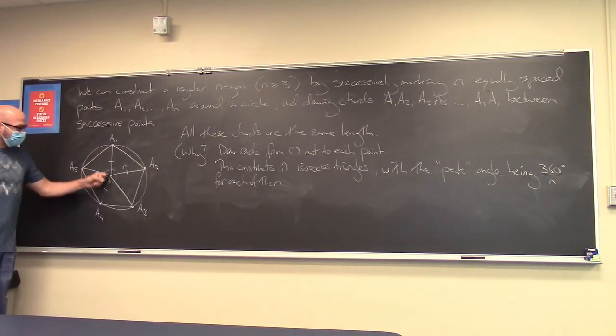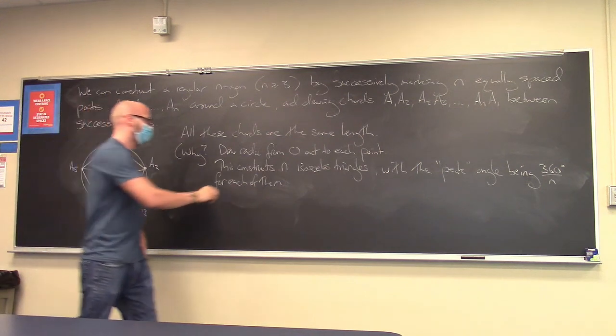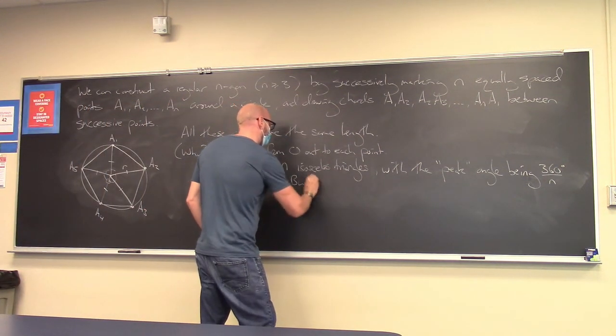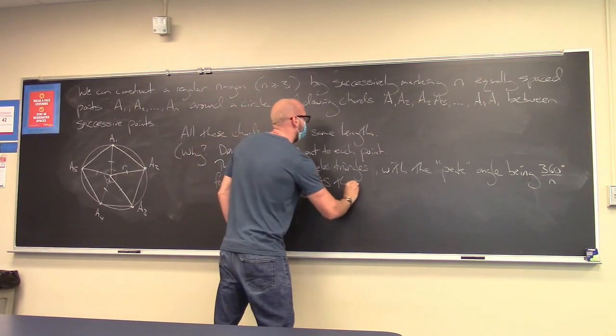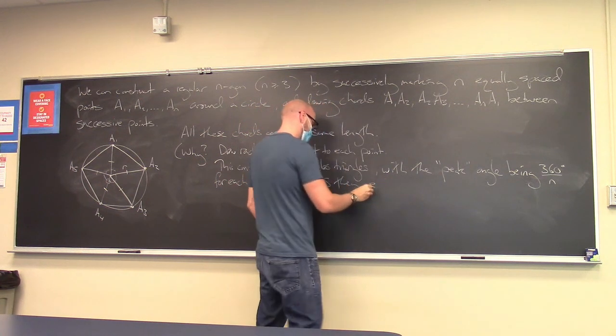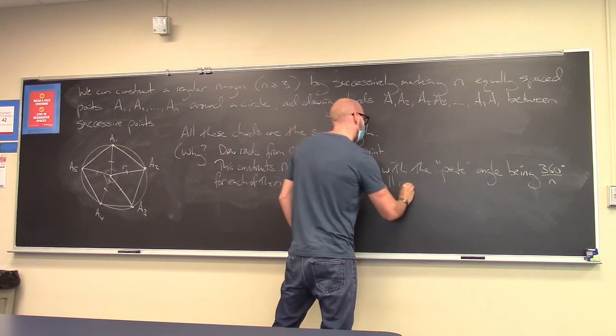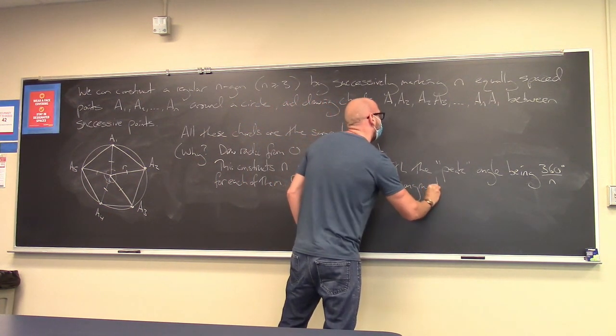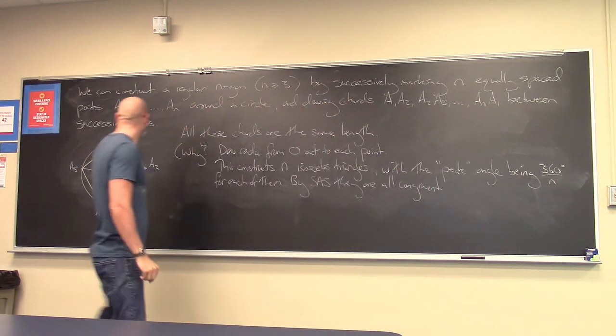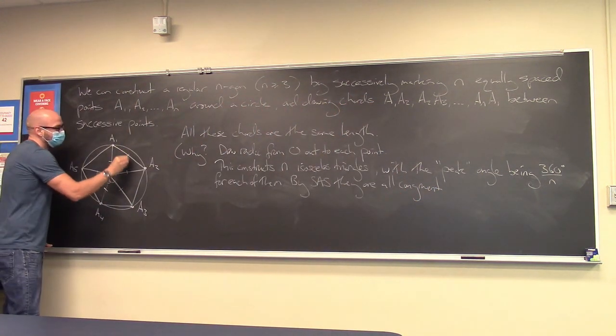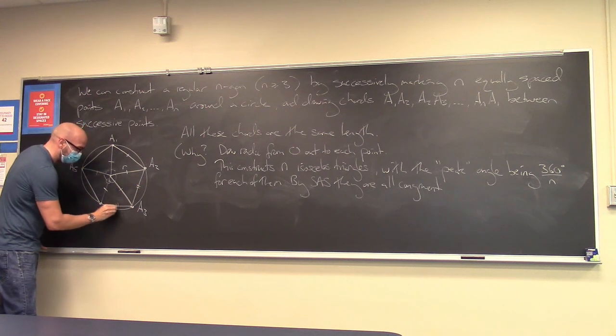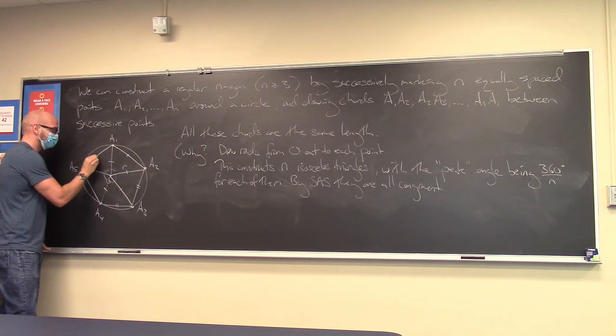This means they're congruent by SAS. By SAS, they are all congruent. So indeed, every single one of these chords has the same length.